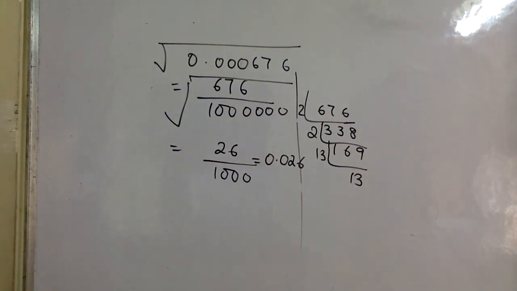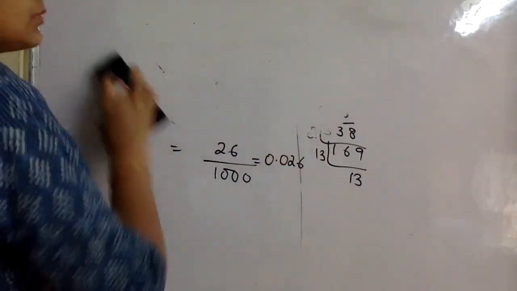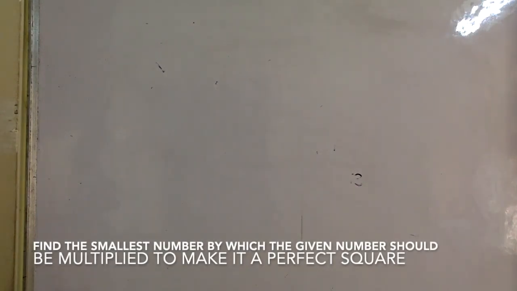Okay, now let me take up a few very important questions in this chapter. Very important. They are always asked in exams and they really help you to understand the chapter better. Now the question goes like this. Find the smallest natural number by which the given number should be multiplied to get a perfect square.